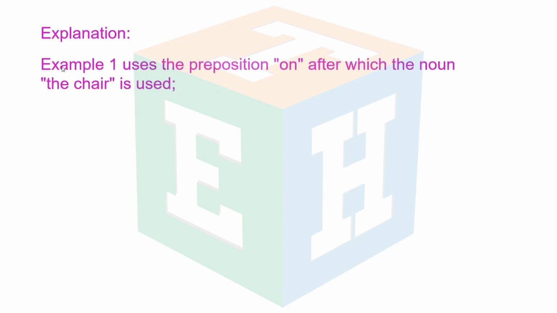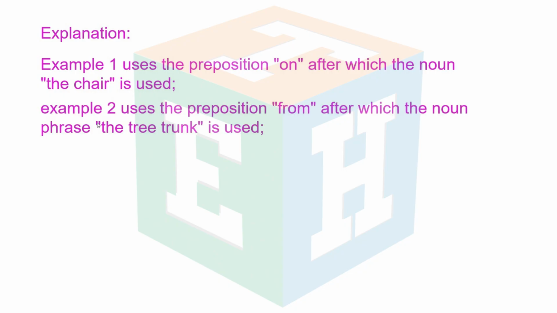Explanation. Example 1 uses the preposition on, after which the noun the chair is used. Example 2 uses the preposition from, after which the noun phrase the tree trunk is used.